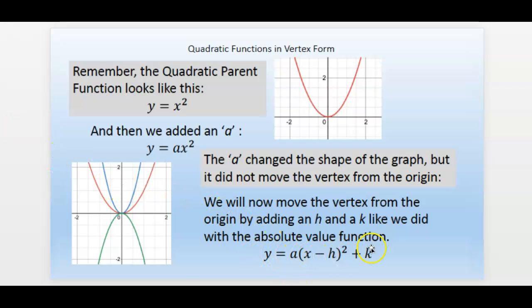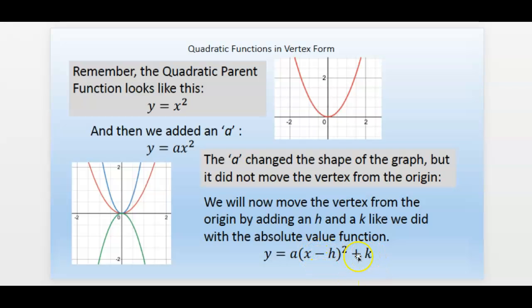This is the equation. This is vertex form right down here. Now we just add an h and a k, just like before. And remember, when you're looking for the vertex, you look at the opposite of what this says inside here to find the x coordinate of the vertex, because that says negative h. It's the opposite of the way it reads.